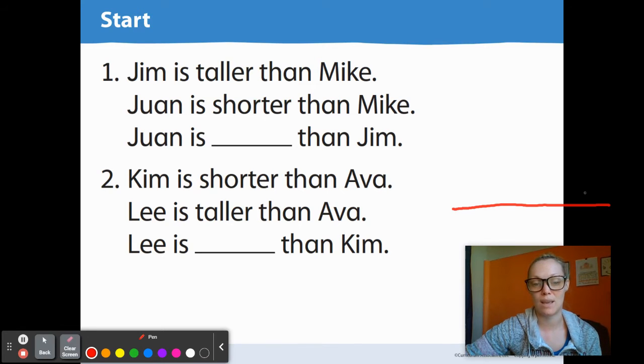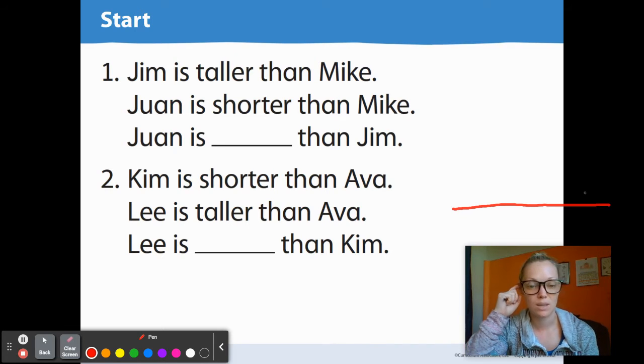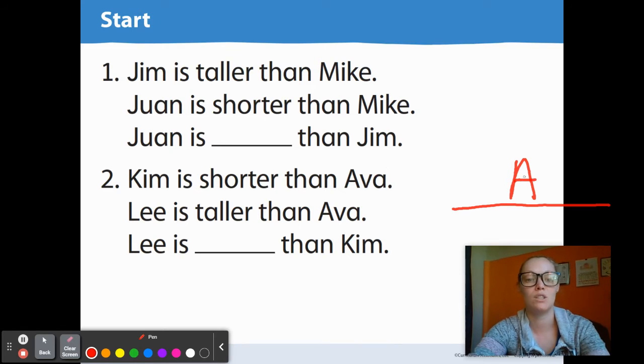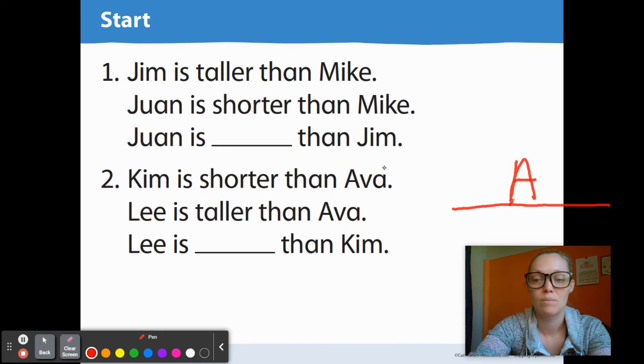Lee is taller than Ava. So what do you think? Is Lee taller or shorter than Kim? So here's my Ava on the starting line. Kim is shorter than Ava, so I'm going to draw Kim shorter than Ava.